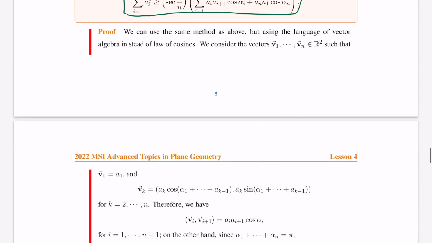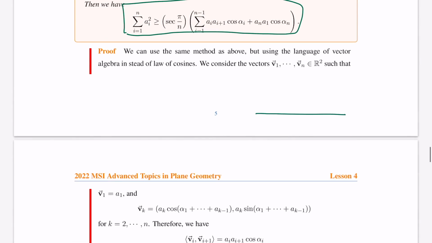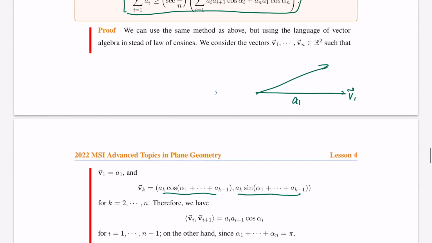And here we have to use a little bit of algebra. I first use a vector v1, which has length a1 and whose direction is horizontal to the right. Then each vk, I rotate by angle alpha i, and keep rotating. I define vk, with coordinates shown here. Then their inner product, or dot product, is equal to ai cosine theta.